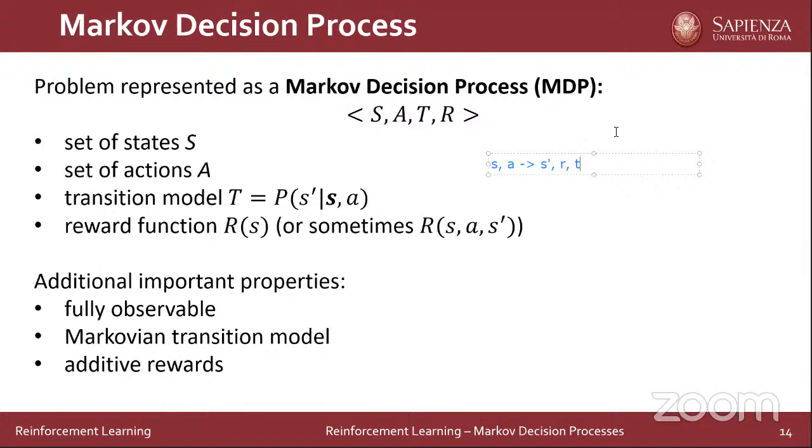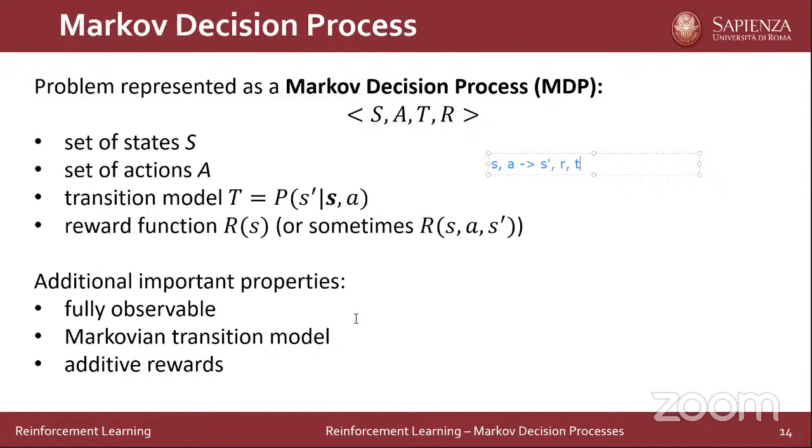This termination flag will tell the agent whether the process has stopped. So if you reach a terminal state, then you can't do anything from there. So most MDPs have a terminal state. Not every MDP has a terminal state. This is why it's not included in this initial notation.